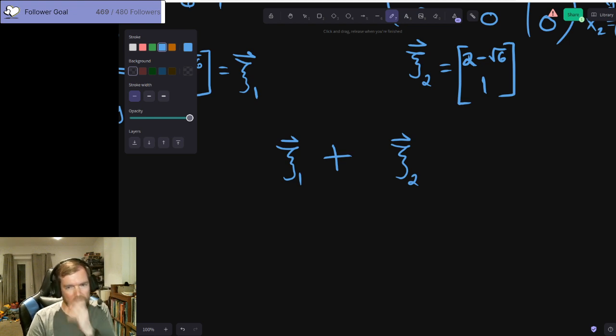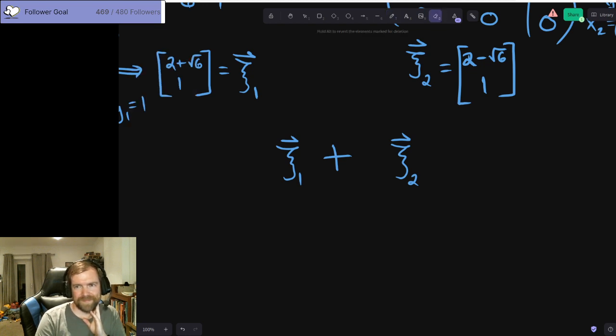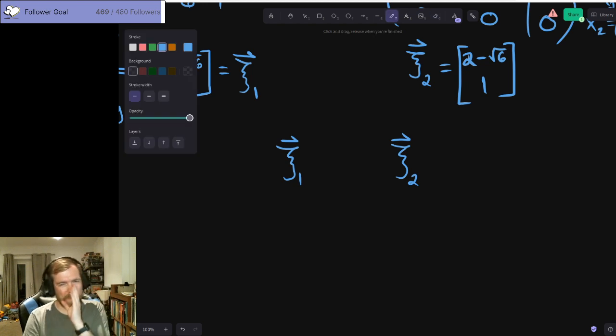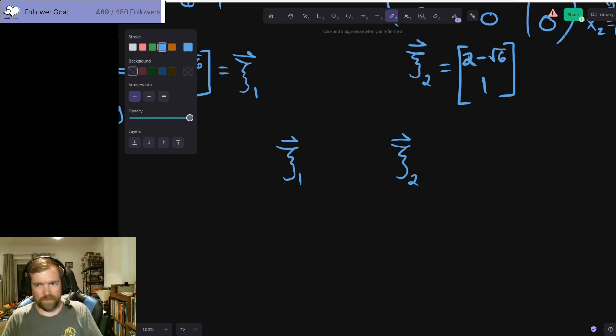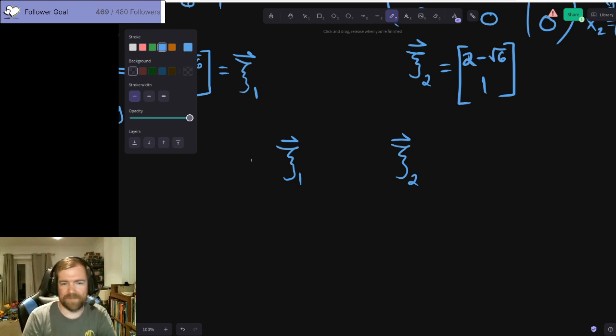But you're going to include an exponential with your eigenvalue. We'll worry about the exponential portion in a minute. But it's a scalar multiple of C1 and a scalar multiple of C2 summed together.